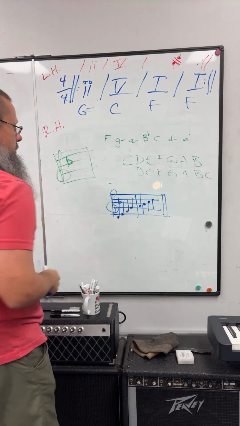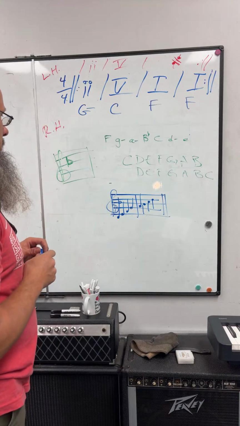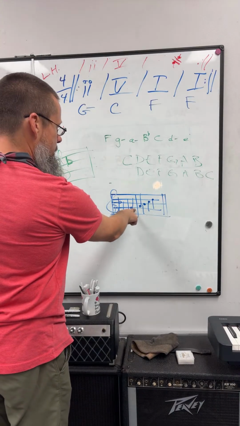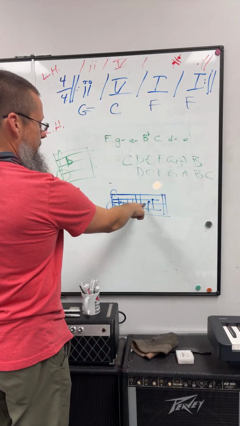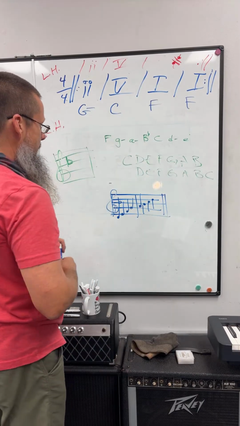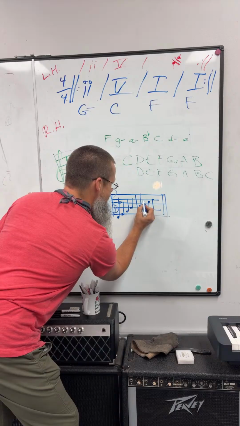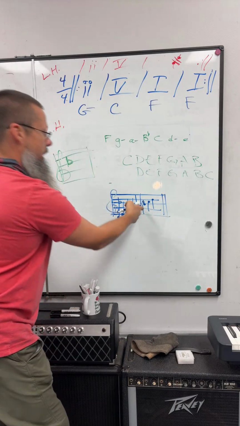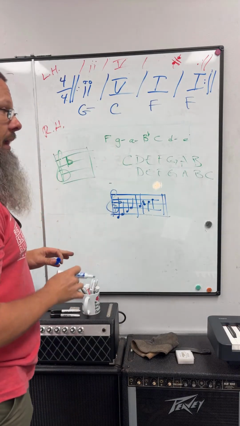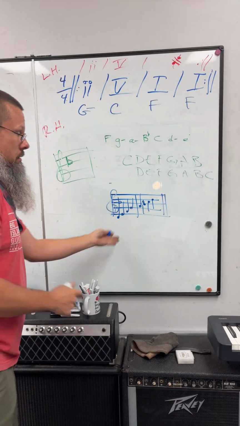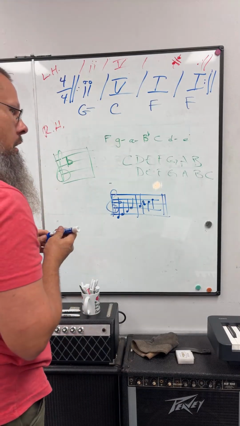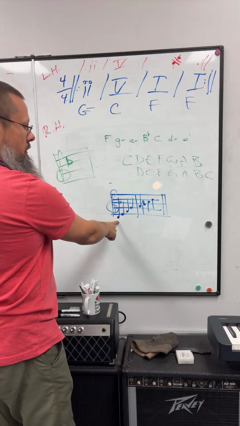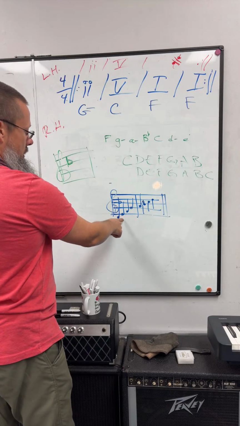G, A, B flat, C, D. Now I'm going to naturalize the 6th scale degree, which was a B flat, now it's a B natural. Play this scale. D, E. You mean E flat?